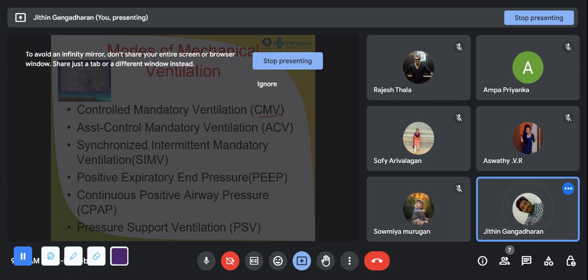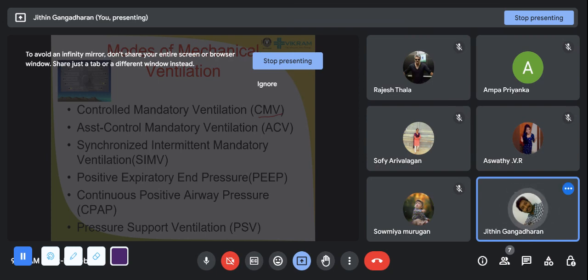So what happens in synchronized intermittent mandatory ventilation? The patient has to initiate the breath. Only when the patient initiates breathing will the machine deliver the air. Otherwise, the machine will wait until the patient asks for air.